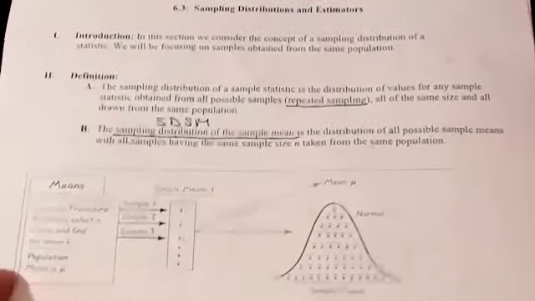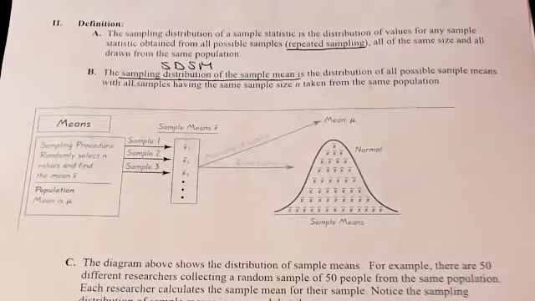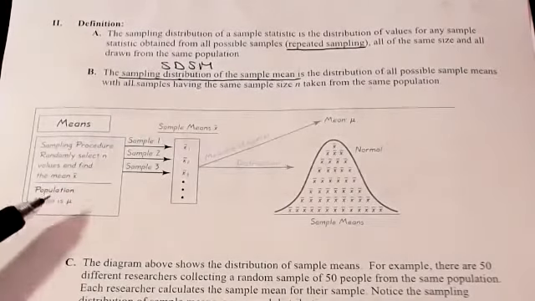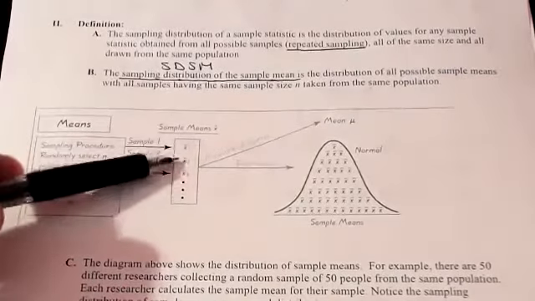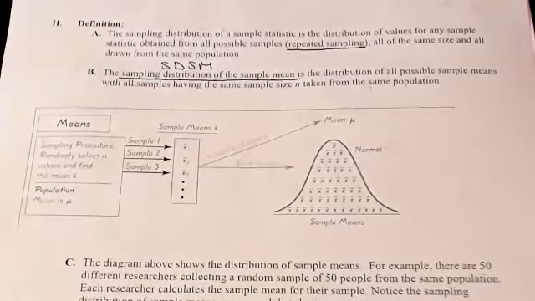I have a nice visual here that kind of shows exactly that. Notice the sampling procedure, it's randomly select n values and find the mean. The population mean is mu, so notice the difference. The sample mean is x bar, population mean is mu. Each sample has its own mean, so we're essentially looking at the distribution of those means, okay? We're looking at the distribution of all of those means.